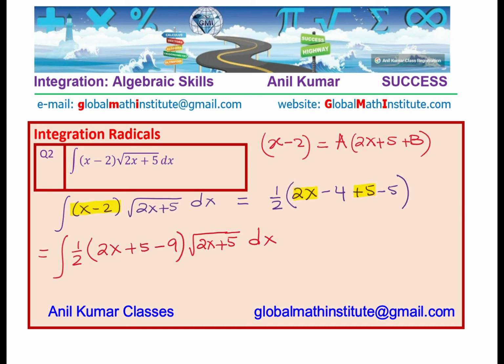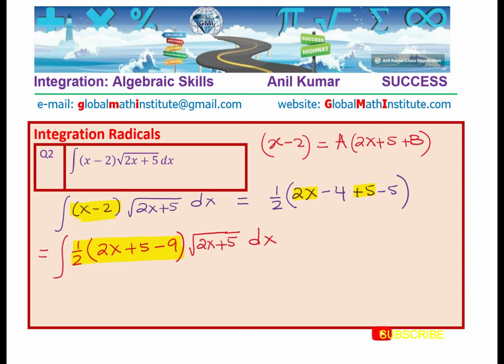This is exactly equal to x minus 2 if you look at the first term. If you open it up, you'll get x minus 2. Perfect. So you see that this is exactly the same as x minus 2. So these are equivalent expressions. Perfect. But it has made a huge difference.